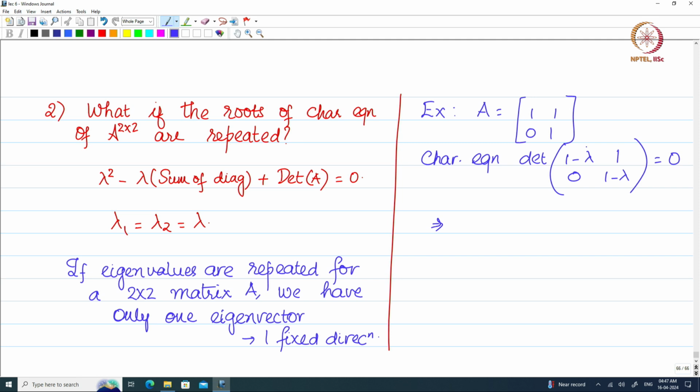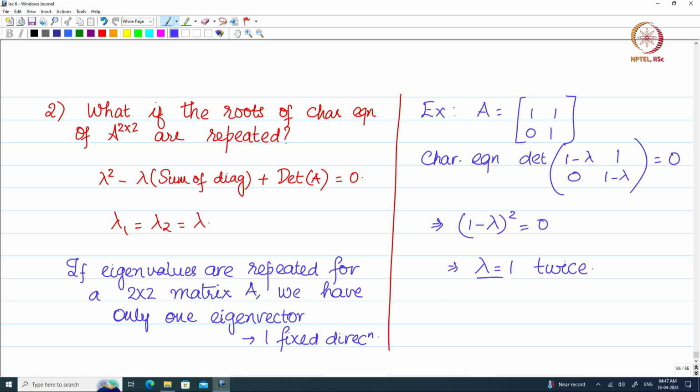That means I am going to have 1 minus lambda the whole squared is equal to 0, which means lambda is equal to 1 twice. In this case, we will get just one eigenvector. In a 2 by 2 case, if the eigenvalues are repeated, we just get one eigenvector, which we can very clearly figure out.